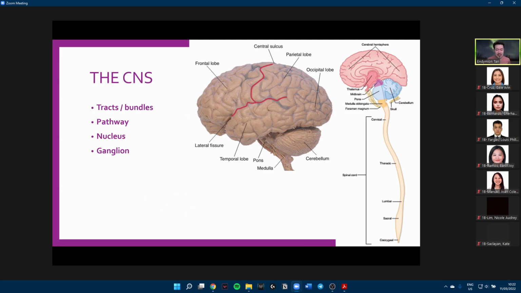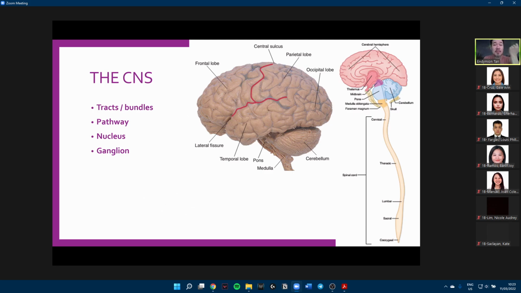How about pathways? Pathways are also group of axons that would carry impulses from one distant site of the central nervous system to another distant site. So tatanungin niyo ko, ano ng difference ng tracts and pathways kung from one distant site to another distant site? May difference yan.